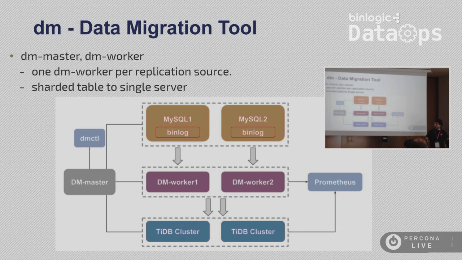The second tool, or as said before, a grouping of the tools to put everything together in an easy manner, is the Data Migration tool, which basically deploys two main components. There is a third, but the two main components are the DM workers, which are created on each MySQL instance you're reading from.